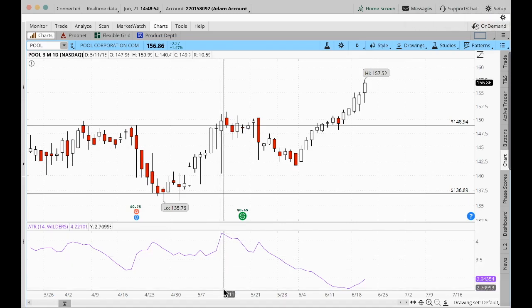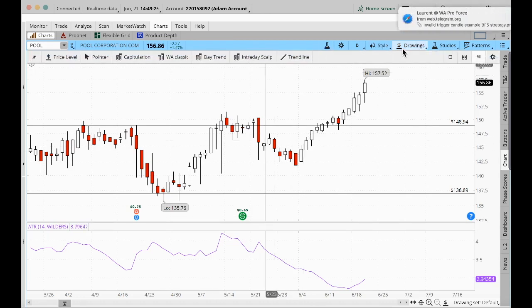And the lowest range in a day was 2.67 or 2.68 or 2.69, whatever, right? So 2.69 and 4.22. So I take the average. 4.22 plus 2.69, add them together and divide by 2, I get 3.45.